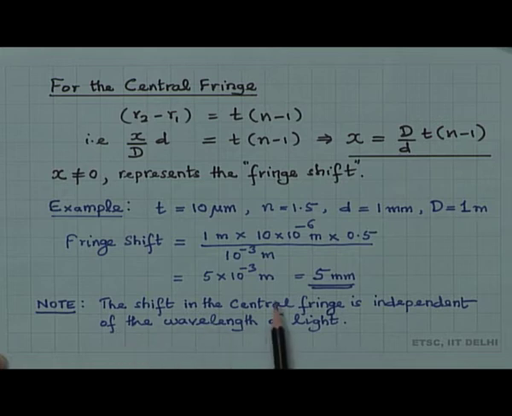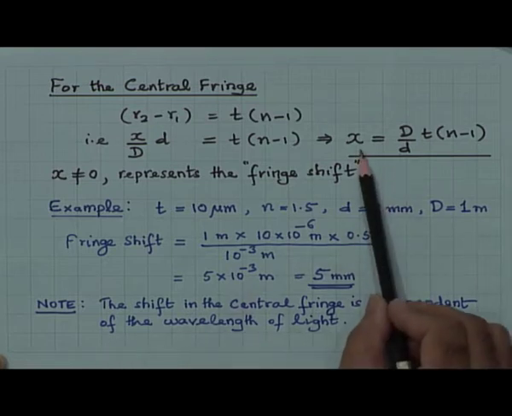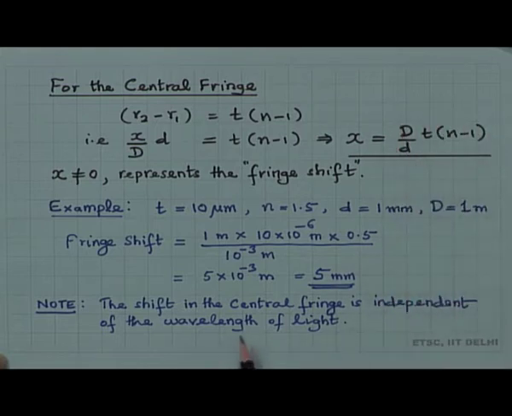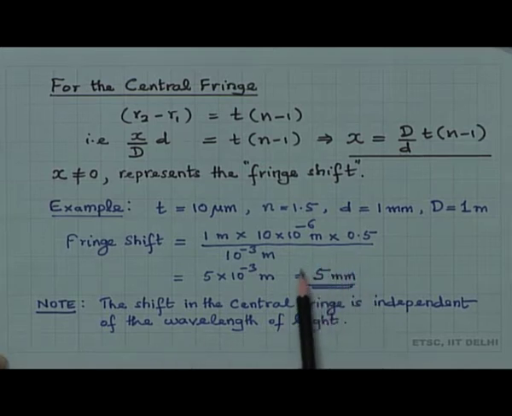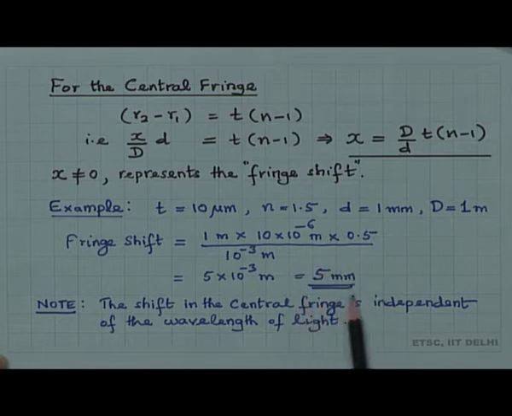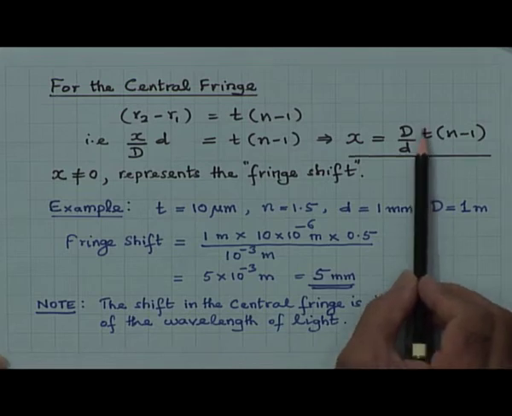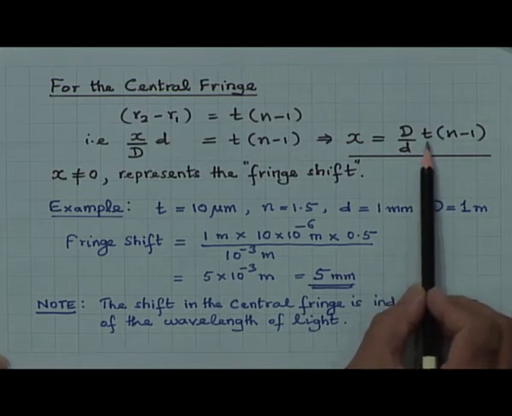Note that the shift in the central fringe is independent of the wavelength of light. The shift shown here does not contain the wavelength anywhere. Therefore, how can one use this? If the shift is experimentally determined, then we can determine the thickness t of the given sheet, a sheet of unknown thickness.